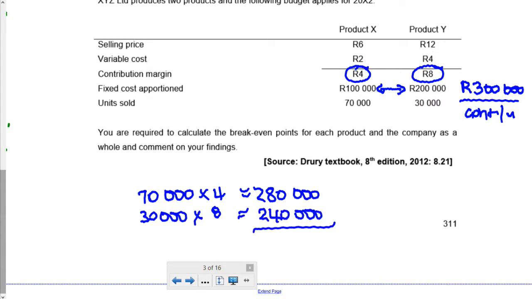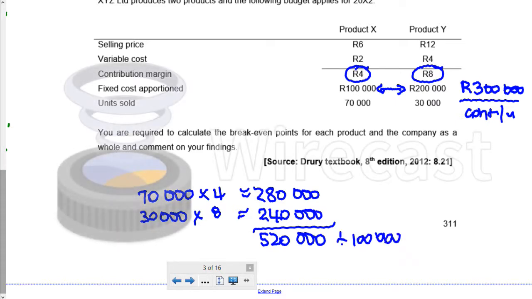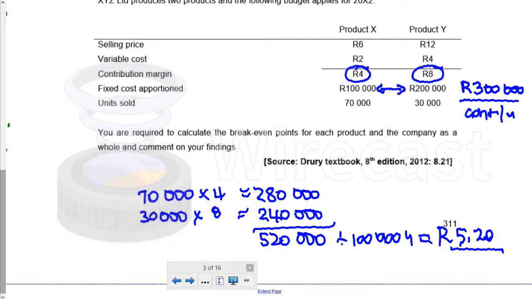So then I land up with a total contribution of 520. And I divide then by 100,000 units, and I land up with a contribution per unit of 5 Rand 20, which is the average contribution for the company as a whole. Yeah? You remember doing this when we did the assignment. So that's the way that I like to do it.